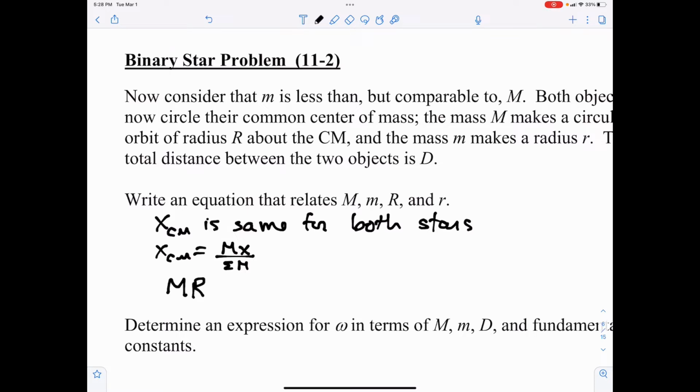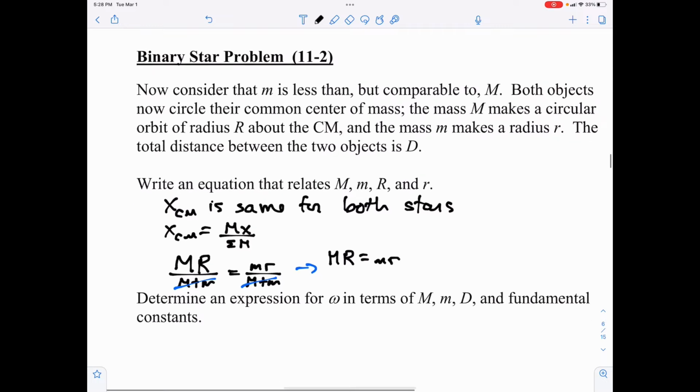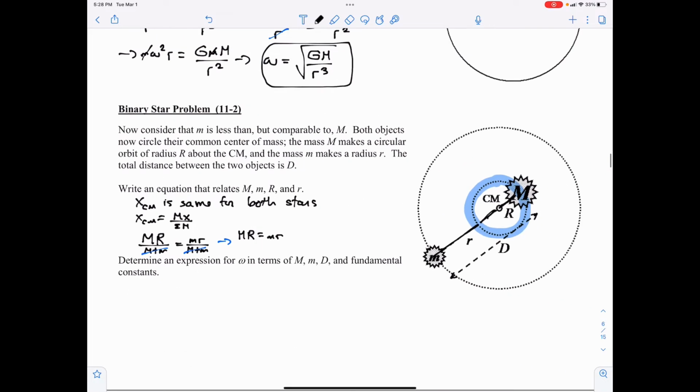And then technically it's divided by big M plus little m, equals little m times little r, divided by the same common term, but that's going to cancel. So ultimately what we end up with is the fact that big M times big R equals little m times little r. Big mass times big radius equals little mass times little radius.